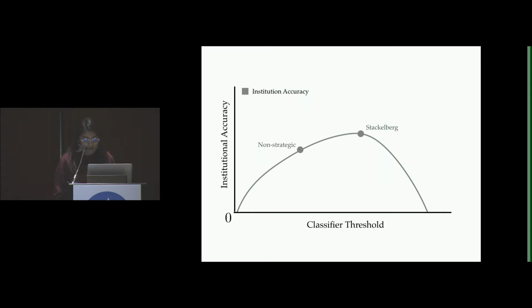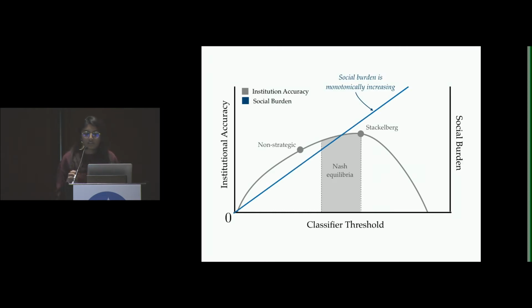In our model, we actually also show that the set of Nash equilibria are contained within this interval. But what's important here is that the only way the institution can increase their accuracy beyond the non-strategic setting is to increase the threshold. However, what we show is that social burden is monotonically increasing in the threshold.